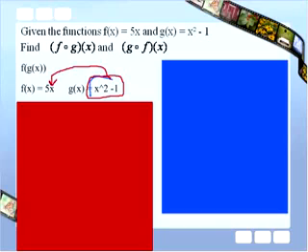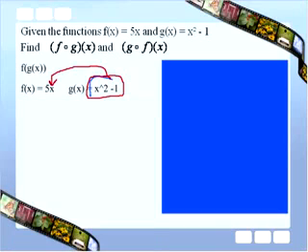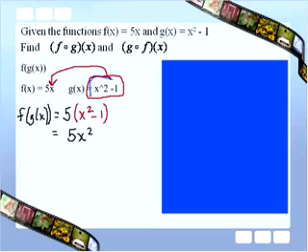So when I do that, I will have five times the expression x squared minus 1. And multiplying through the parentheses, distributing the 5 through the parentheses, will give me 5x squared minus 5. So this is my answer for f of g of x.